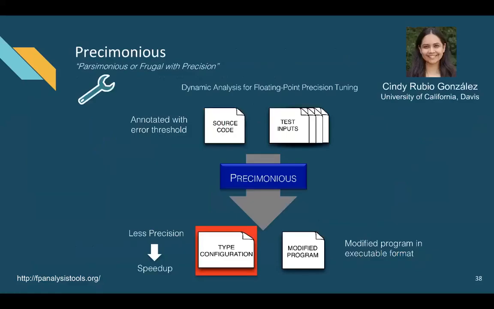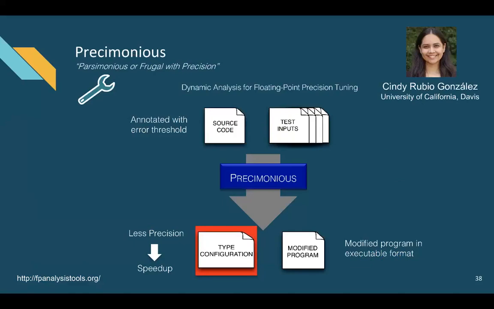One of the existing tools for automatic floating point mixed precision tuning is Precimonious. This tool takes as input a program, an error threshold, and a set of inputs for the program. It performs a search over the types of variables in the program to determine how much precision they need.